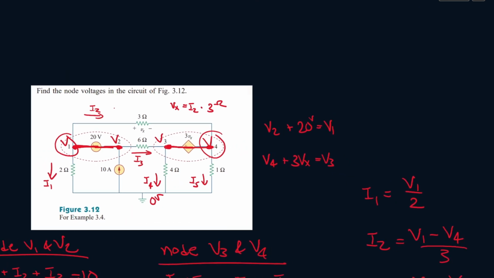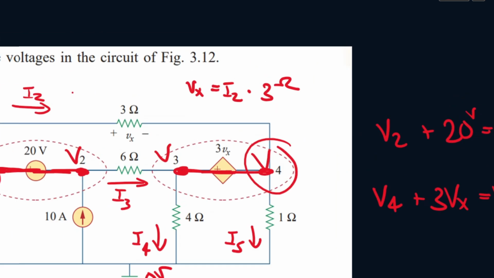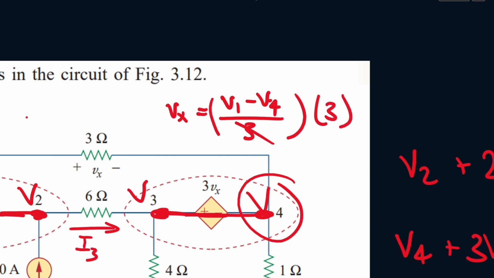And what was I2? I2 was V1 minus V4 all over 3. So it'll be V1 minus V4 all over 3 times 3 ohms, and these 3's cancel out. So Vx is just V1 minus V4.